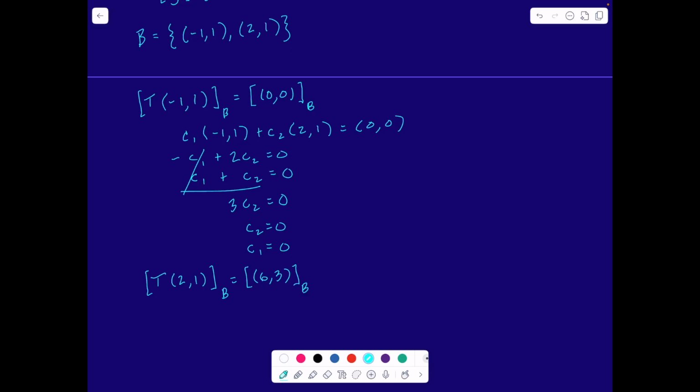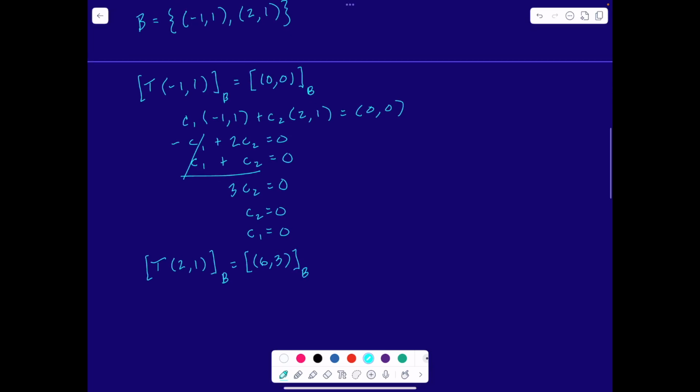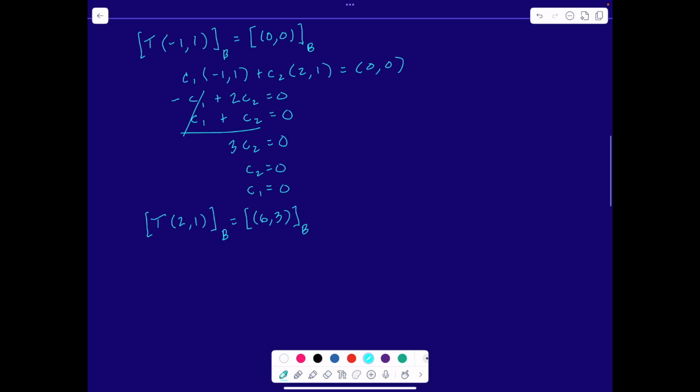Then I still want to find that relative to B. So C1 times (-1, 1) plus C2 times (2, 1) would equal (6, 3).